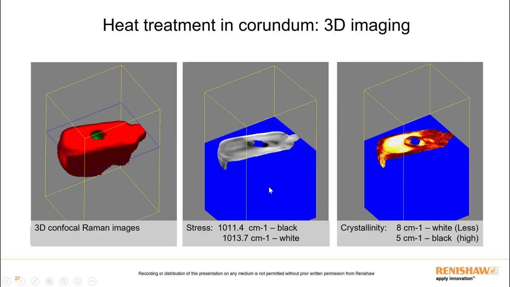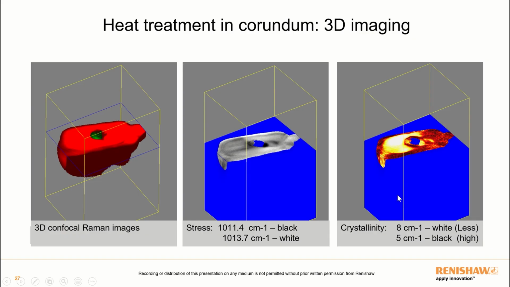In this central image, we study the stress in silicon. Stress is normally monitored plotting the shift of the Raman band. A higher shift represents a compression, and it's highlighted here in white color.